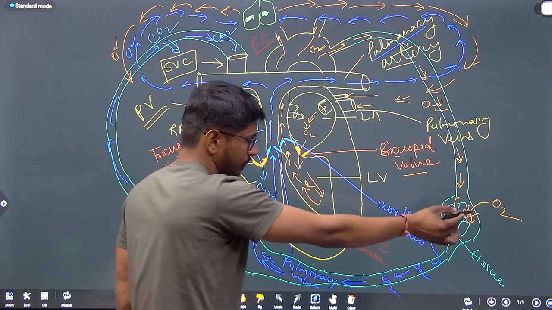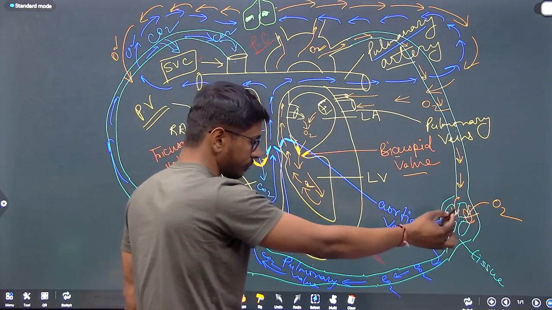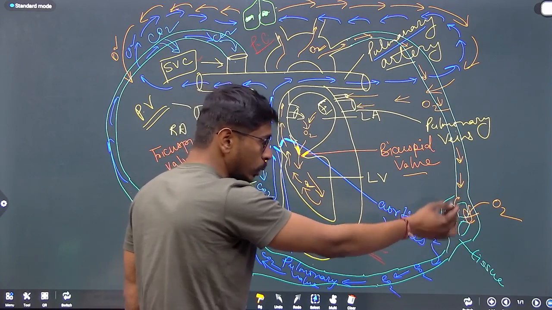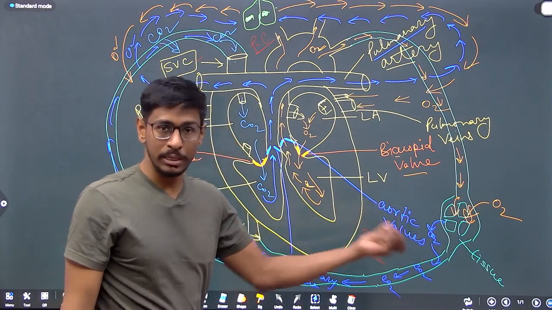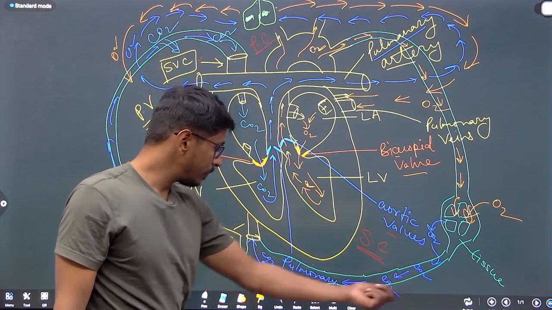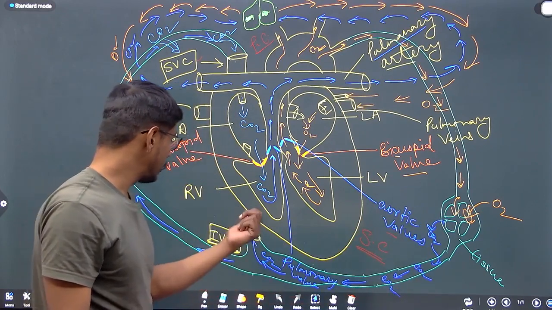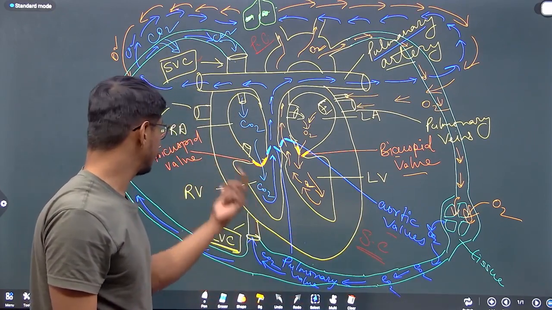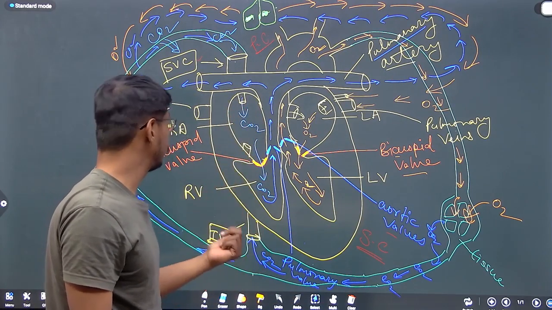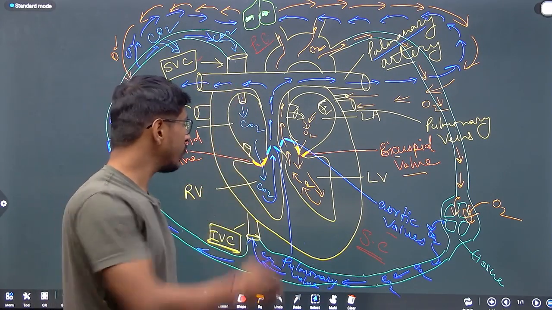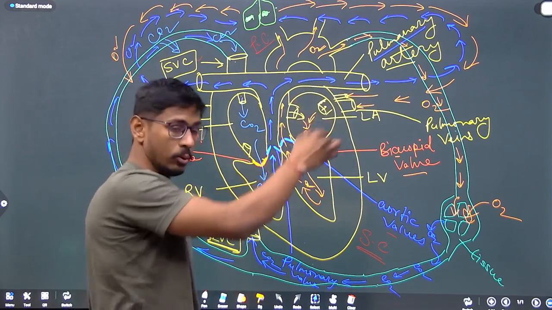The blood gives its O2 to the tissues or the cells and picks up their CO2, and again it comes to this right atrium through the inferior vena cava and superior vena cava, and the cycle goes on.